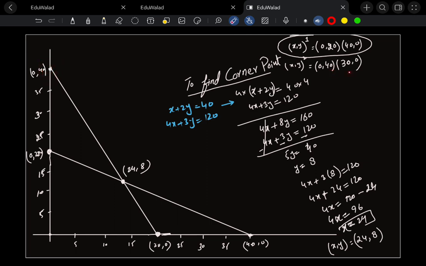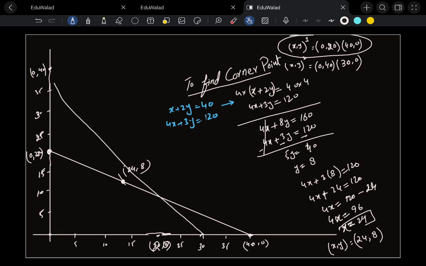When x is 30, the value of y is 0. I think this was wrong, so we can remove it. So this is 20, this is 30, so we can add them here.